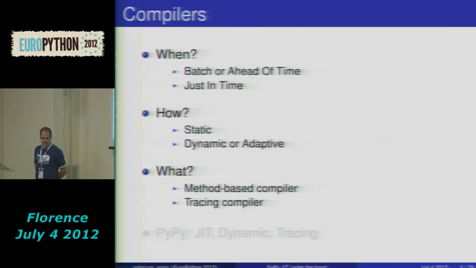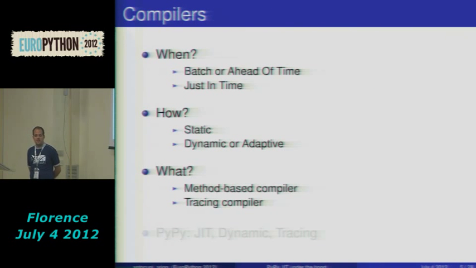And then there is another big difference between compilers for object-oriented languages. A compiler can be method-based, which means we take a method or a class and we compile it alone, and we emit the assembler for it, and then when we call the method, we just call the assembler.